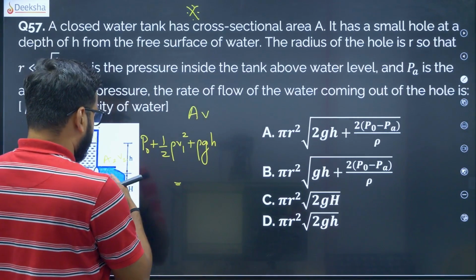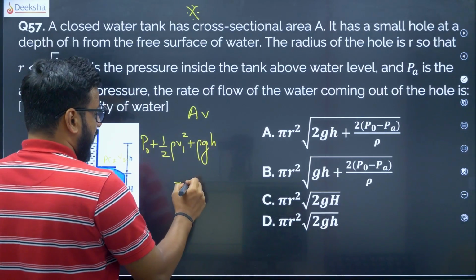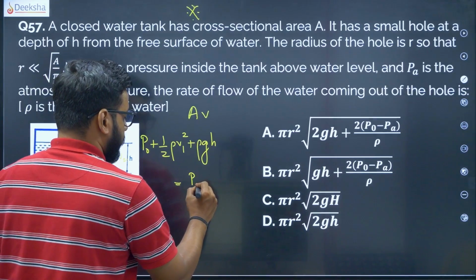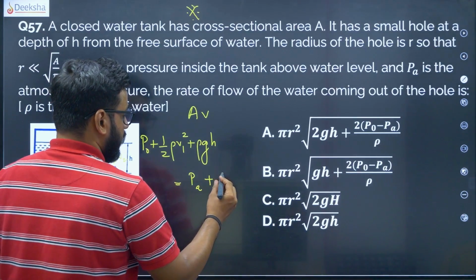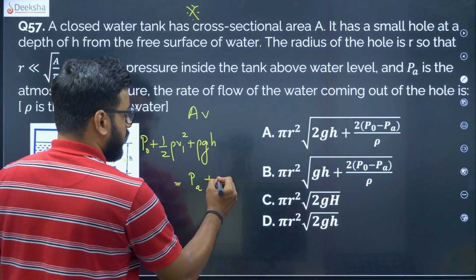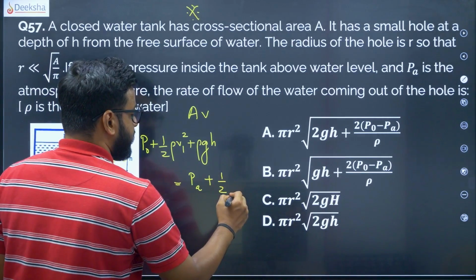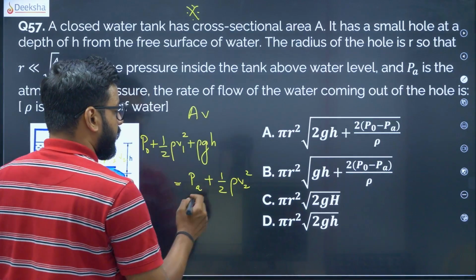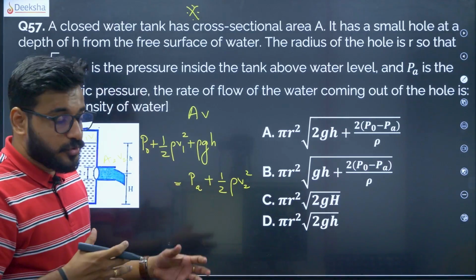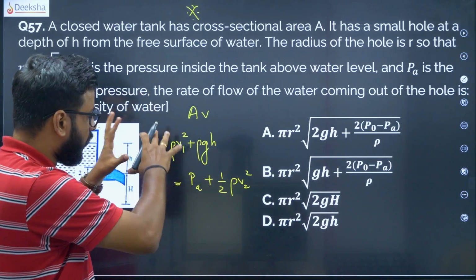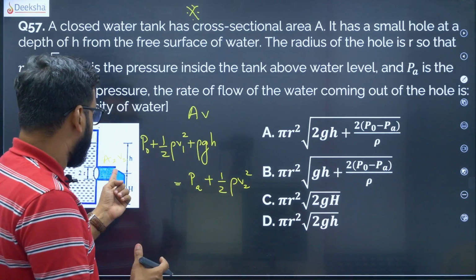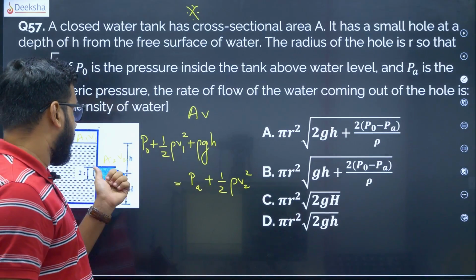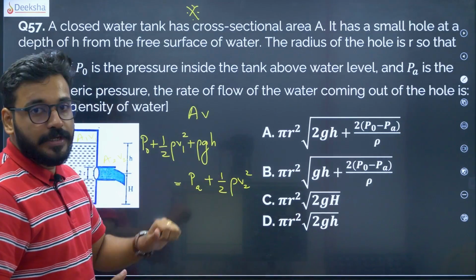This is equal to the other level, where we have atmospheric pressure PA plus the kinetic energy, half rho V2 square, as it is moving out.